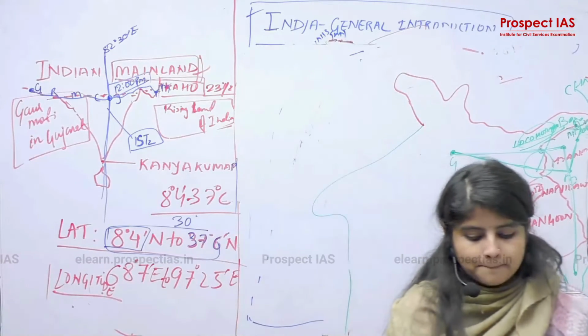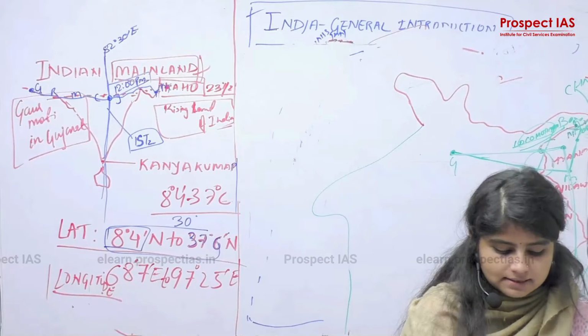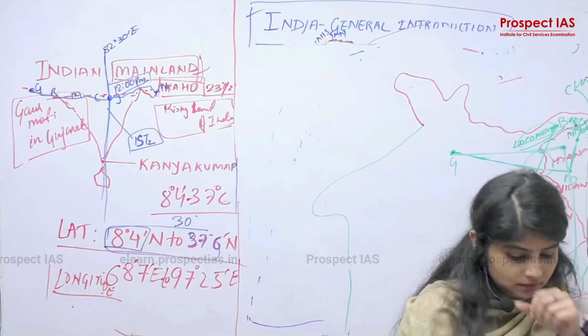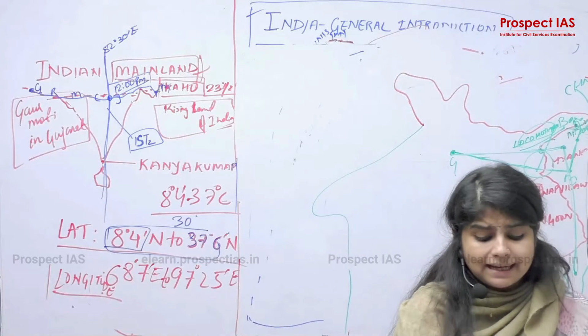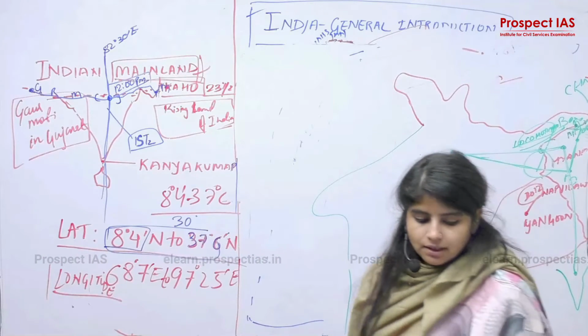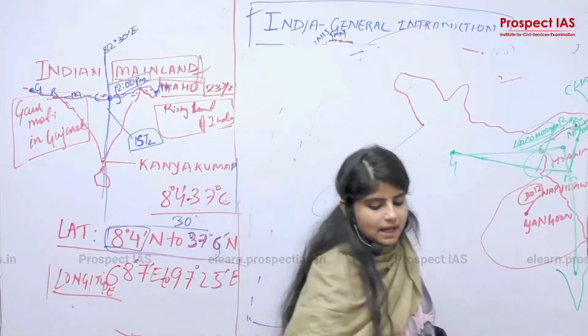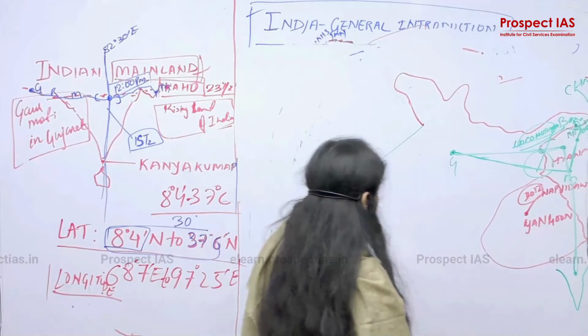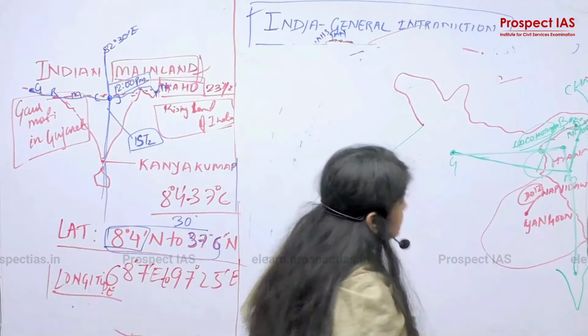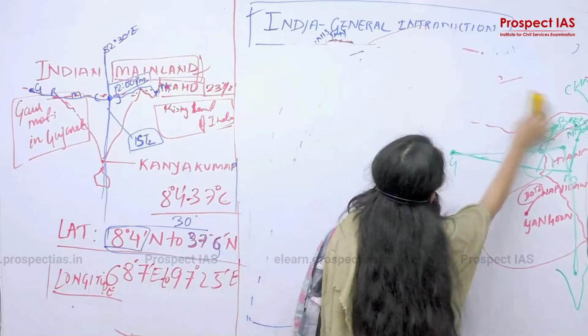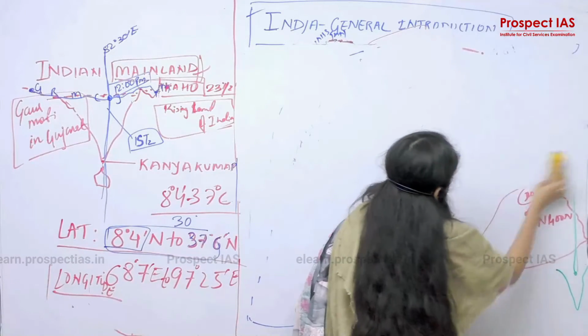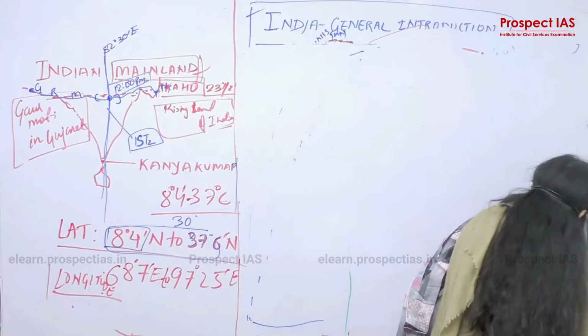So yeah, with this we have discussed India and its frontiers. Now, overall, in the course of the general introduction, we have to see the physical boundaries, the physical divisions and boundaries of India, because from tomorrow onwards we are going to discuss the physiography of India.